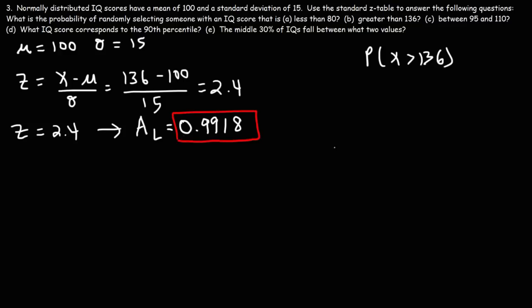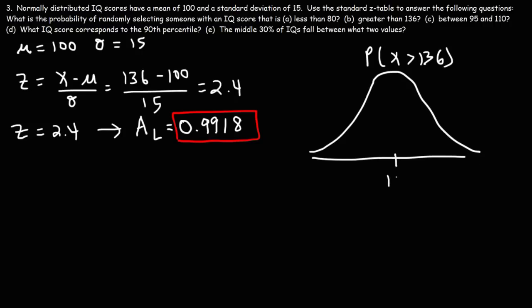So let's draw a picture. So here is the mean of 100, and here is our x value of 136, which corresponds to a z-score of 2.4. Now, we want to find the probability that x is greater than 136, which is this region.